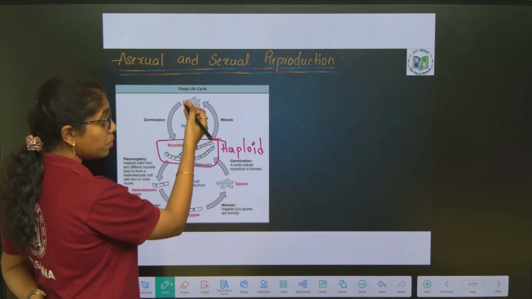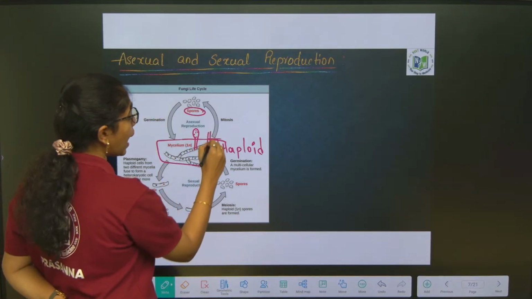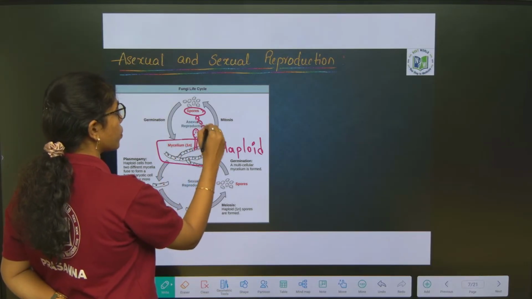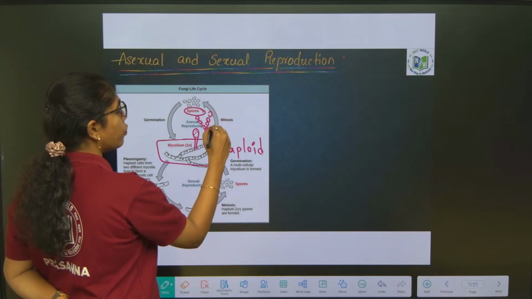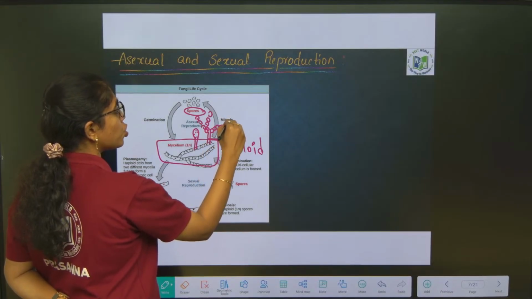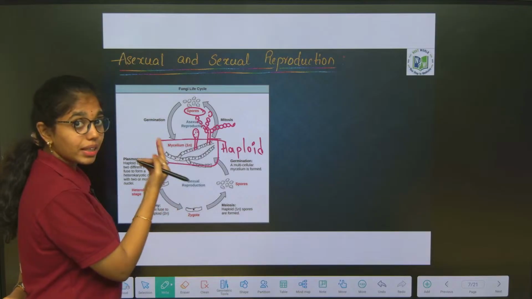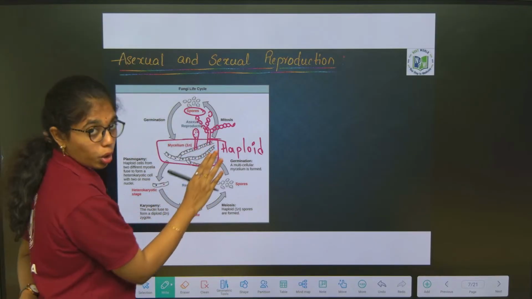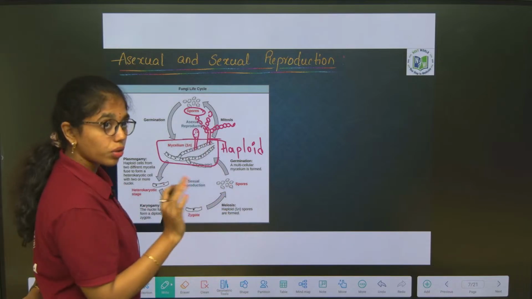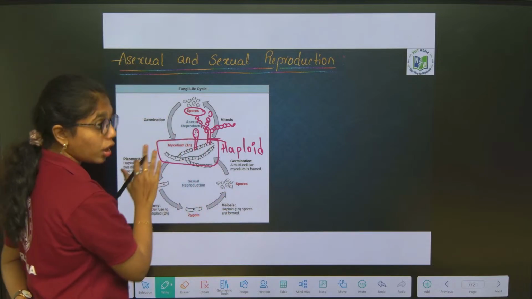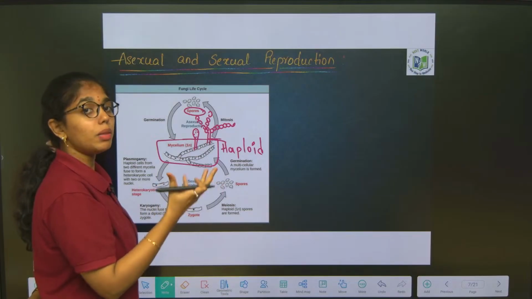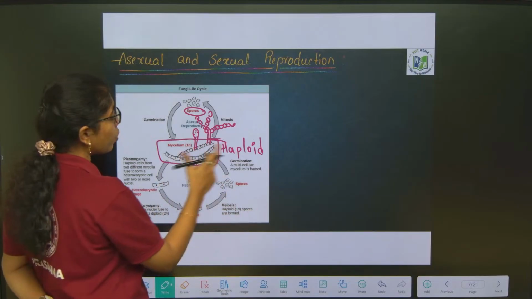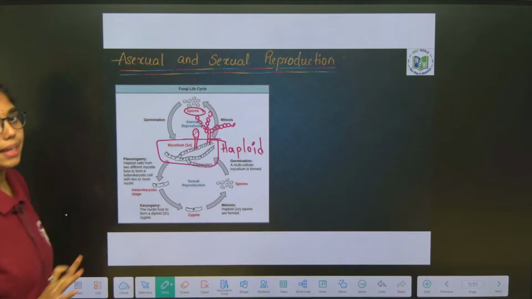Through sporangium, sporangiospores; conidia are the exogenous spores. So conidiophores or sporangiophores will be developed over the mycelium. They are again haploid and they undergo mitosis, releasing the spores. These spores, falling onto a suitable substrata, will germinate and grow into a new fungal mycelium body again.